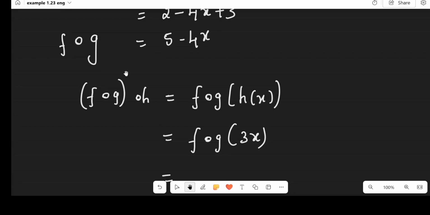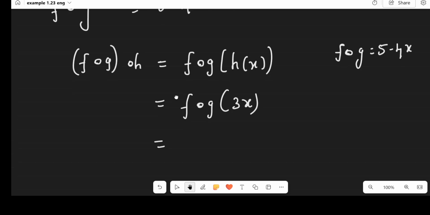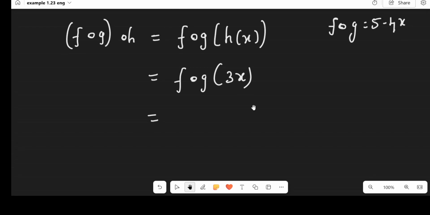What is f of g? We have gotten the value 5 minus 4x, right? Just now we found the value. I'm writing f of g equal to 5 minus 4x. So we have to apply 3x in place of x in this f of g formula.